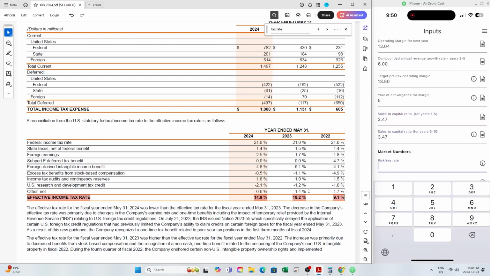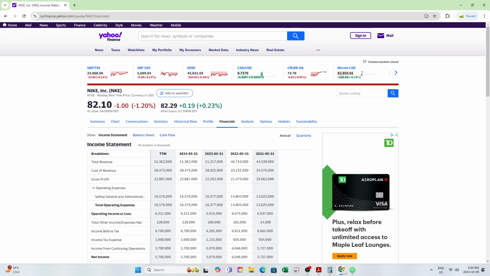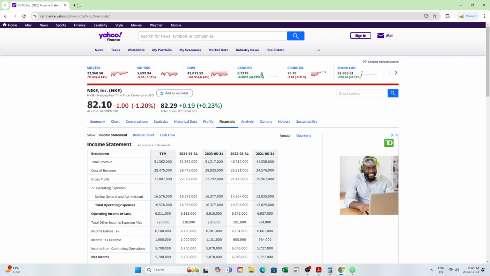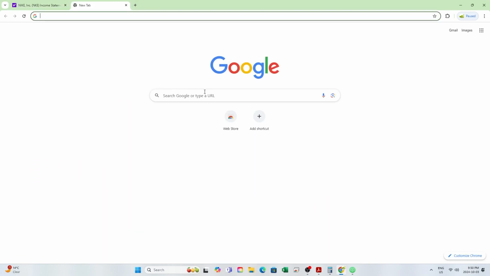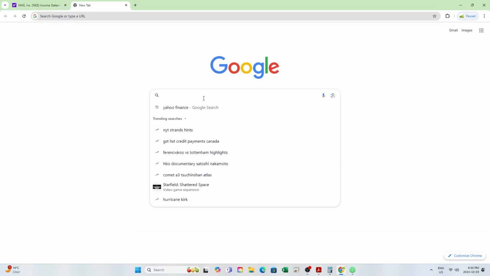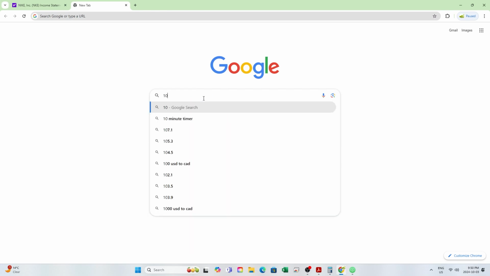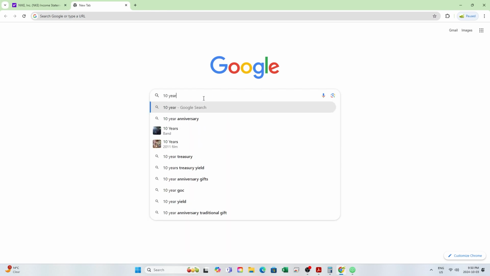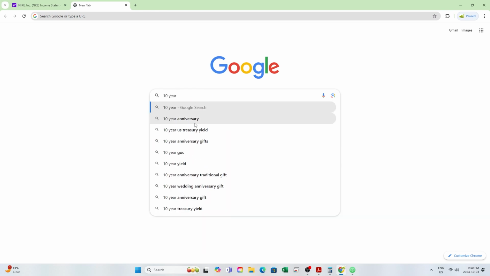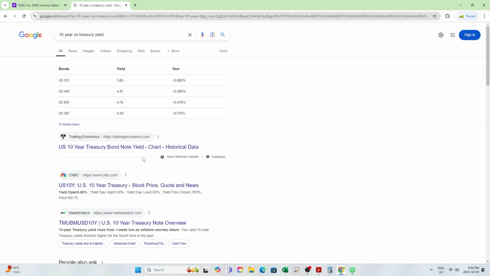For market numbers we need a risk-free rate, which we can find on Google. We need the 10-year treasury yield for the US.